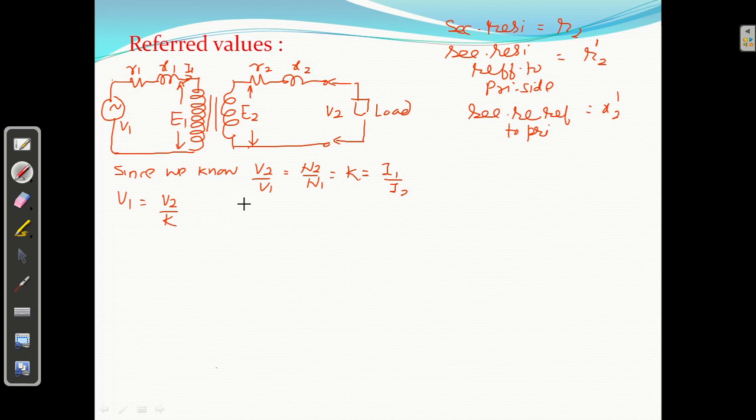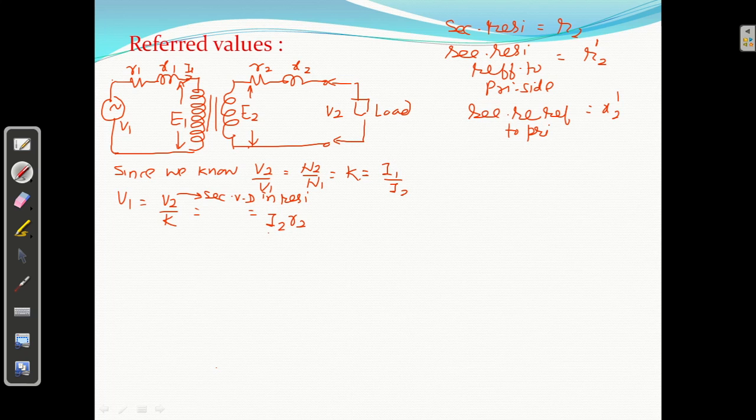V2 upon K. Let us say V2 means secondary voltage. Let us say the secondary voltage drop in resistance is I2 R2.